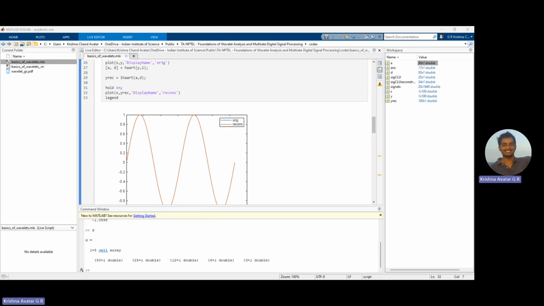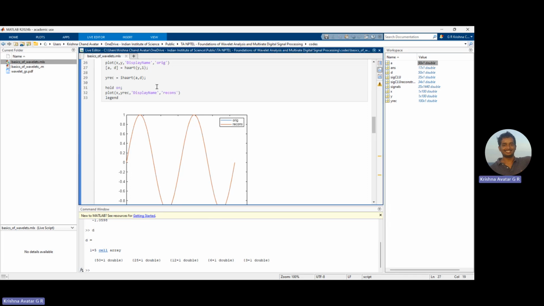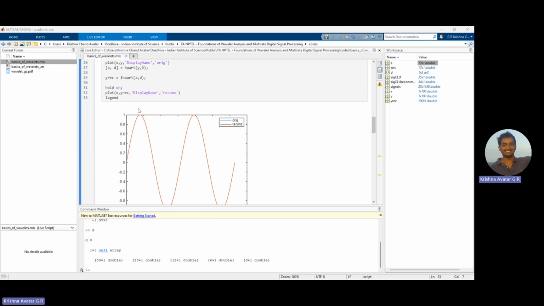So what if I give it some other level, say 3? What does it show? Hmm. It does it so well.